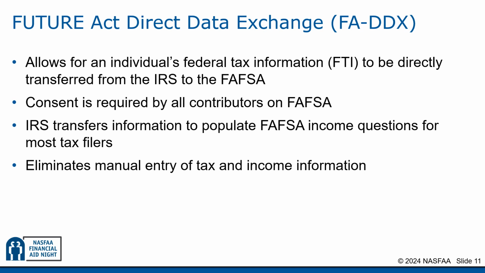Once students or parents get to entering tax information, they'll go through this process and then it will directly input this information using the direct data exchange. This eliminates the need for manual entry of tax and income information and can help avoid errors regarding what year tax information is pulled from, as well as data entry errors on the actual FAFSA form.